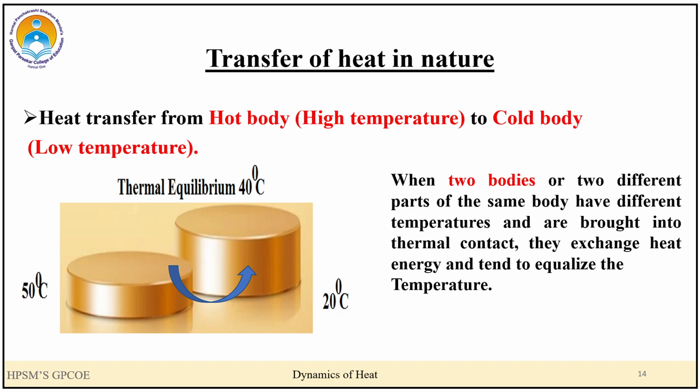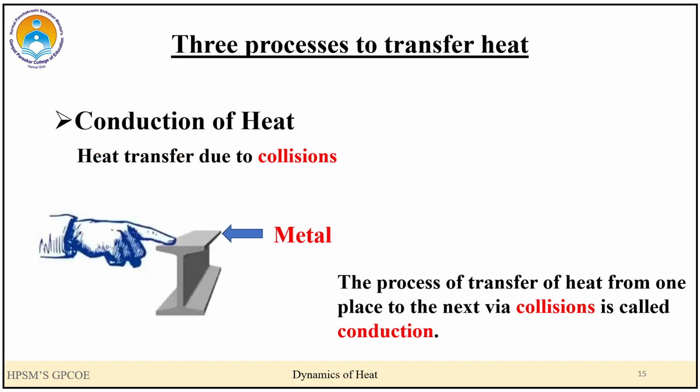That means the heat transfers from the hot body, at 50 degrees Celsius, to the second metal at 20 degrees Celsius, that is the cold body, and they will attain thermal equilibrium at 40 degrees Celsius. So we can say that when two bodies or two different parts of the same body have different temperatures and are brought into thermal contact, they can exchange heat energy and tend to equalize the temperature.